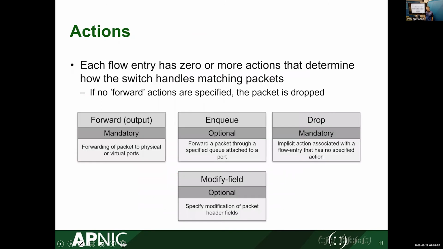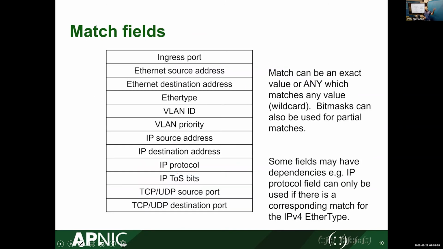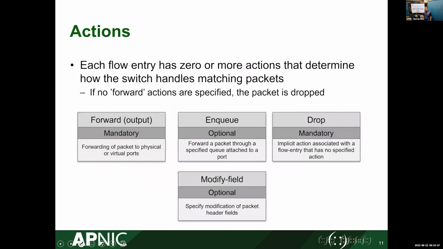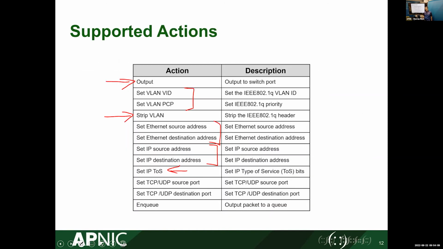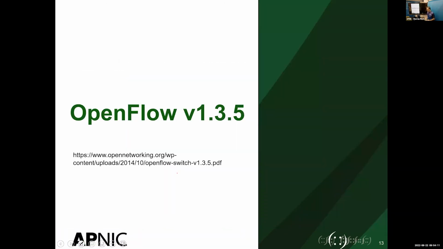You basically get your packet coming in, it gets sent to the controller. The controller is going to look at the fields that it can match on. If it can match, it's then going to do one of these actions. Any questions?